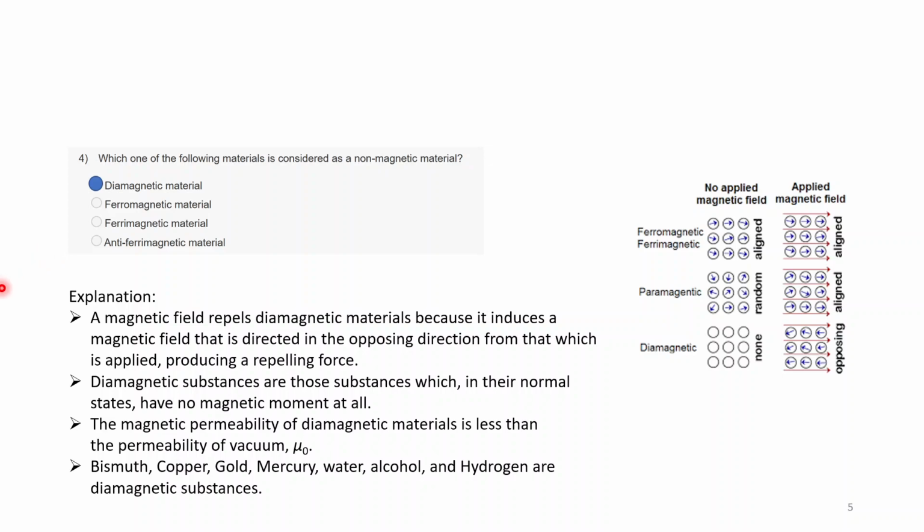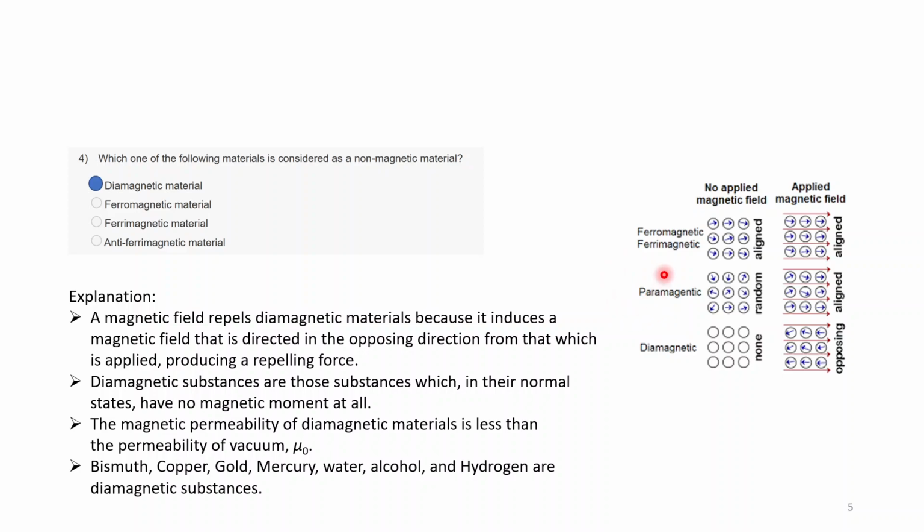So in explanation you can see that in case of ferromagnetic and ferrimagnetic materials, even without application of any magnetic field, you will have aligned domains, and when you apply a magnetic field, it will strongly get aligned in that direction.